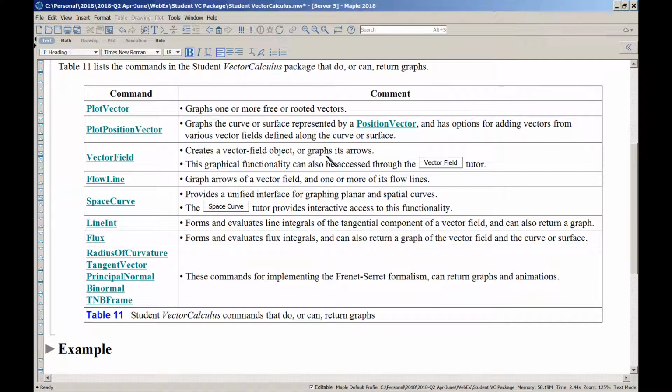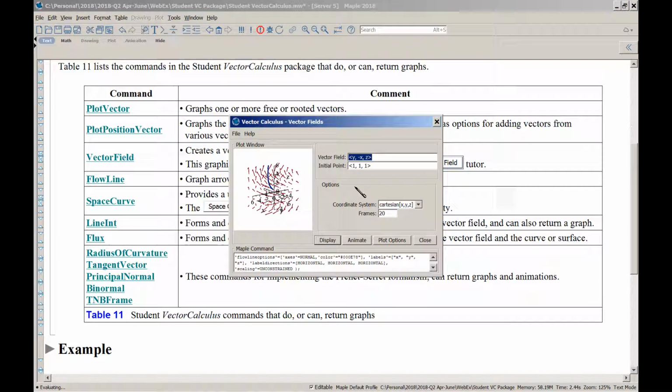One of the options is to get the arrows of the field. You can also make use of this vector field tutor, which draws arrows of the field and will draw a curve, a flow line, emanating from a given point.